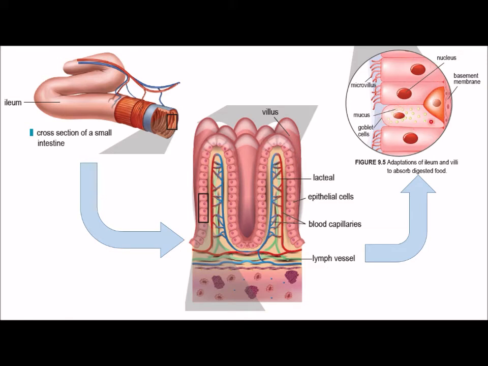This is a goblet cell. On the surface of an epithelial cell, there are also tiny projections of microvillus. This tiny projection of microvillus will provide large surface area to increase the rate of nutrient absorption in the internal layer of the small intestine.